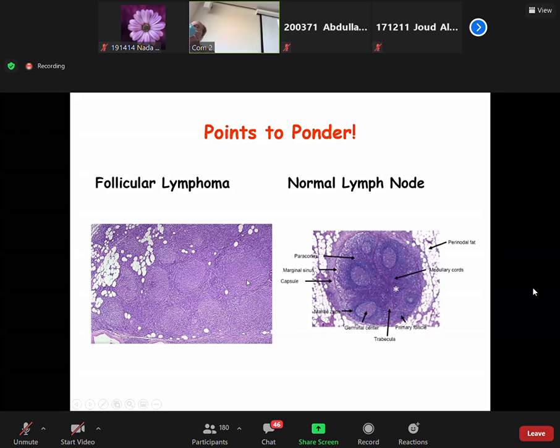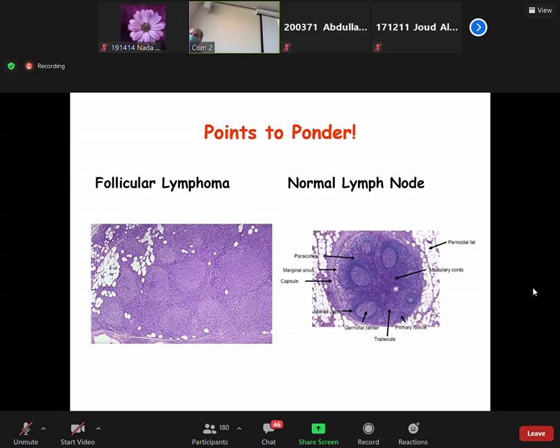So there is, again, loss of mirror image, which is the equivalent of loss of polarity in the epithelium that you guys took before, okay? And then you look at the medulla, and you will see that the medulla is no more. There was a medulla here before, it's no longer here. The reason for this is there is effacement of the lymph node architecture with this neoplastic process. All of those are features of malignant transformation of the lymph node.